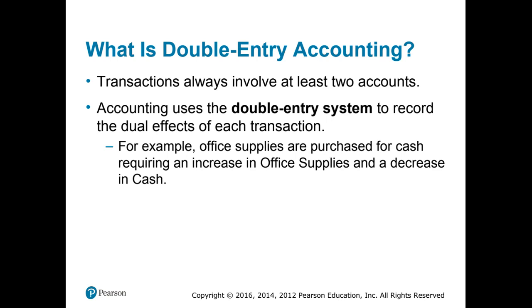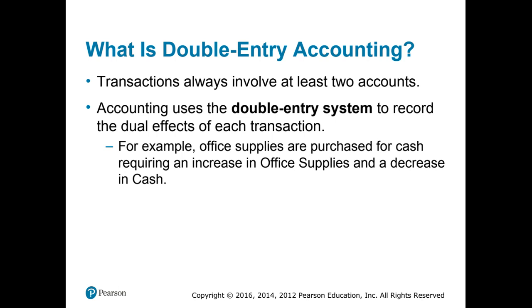Accounting uses the double entry system to record the dual effects of every transaction. For example, office supplies are purchased for cash, requiring an increase in office supplies, which is an asset, and a decrease in cash.